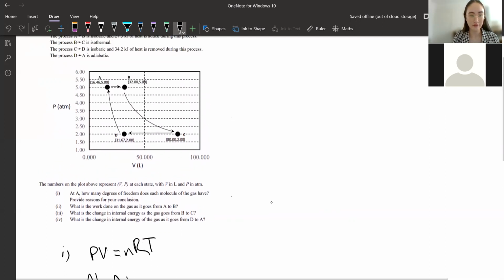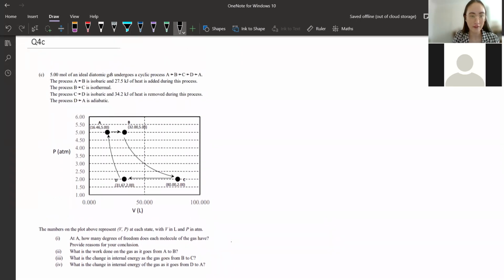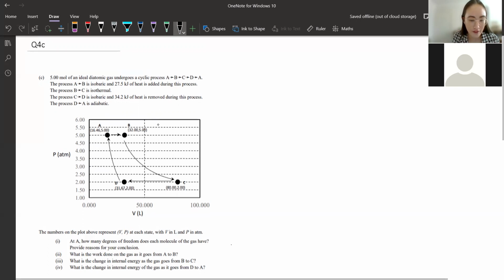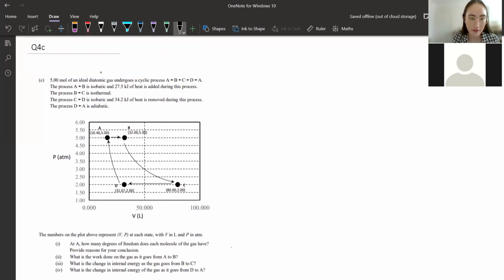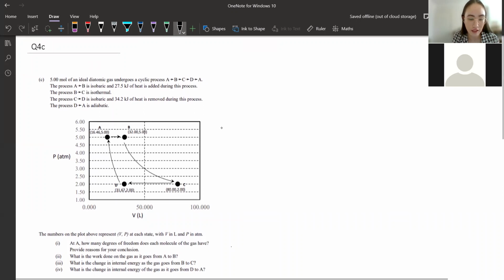What do we actually have? We have 5 liters as our volume, and 16.48 atmospheres as our pressure, and 5 moles of the diatomic gas.